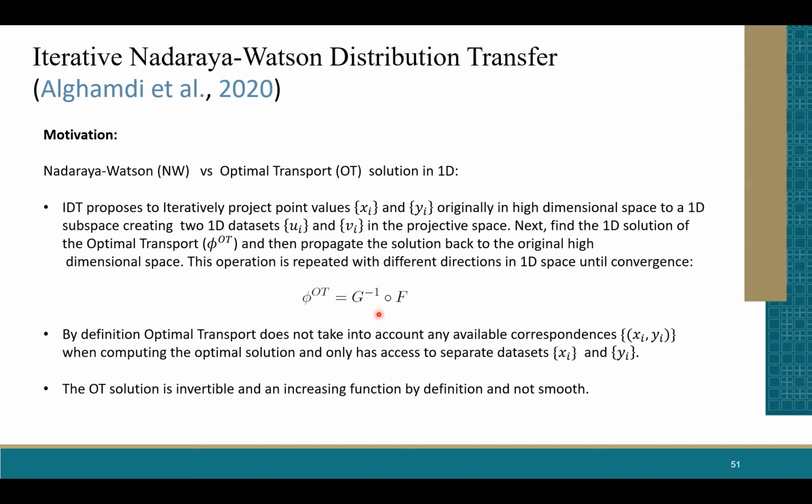By definition, it doesn't take into account any available information about correspondences in the formulation. It's a non-parametric transformation function. Taking account of the available correspondences would guide the transfer process and improve the results. Also, optimal transport is increasing by definition, and it is not smooth.